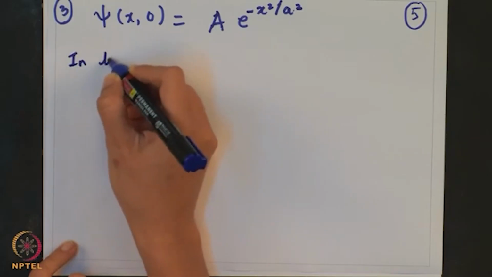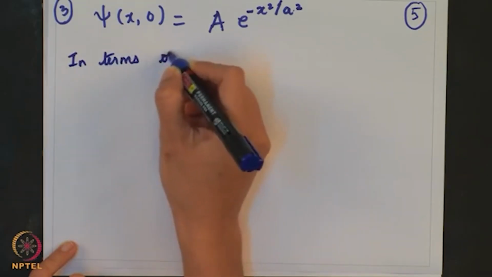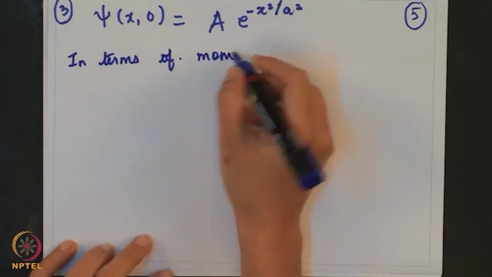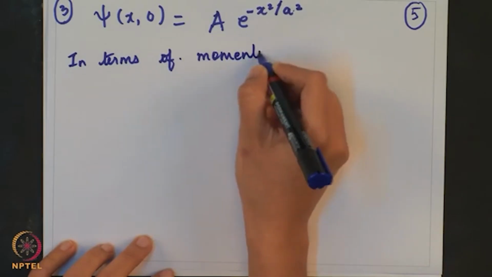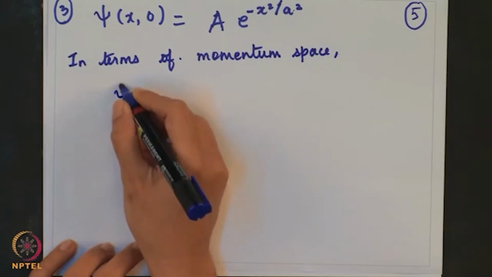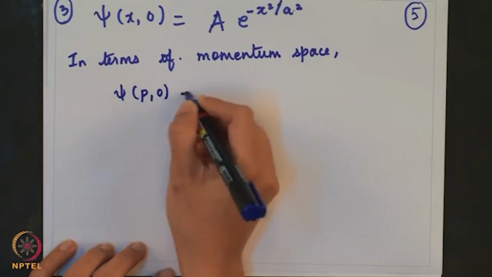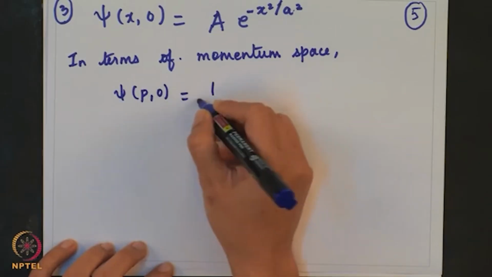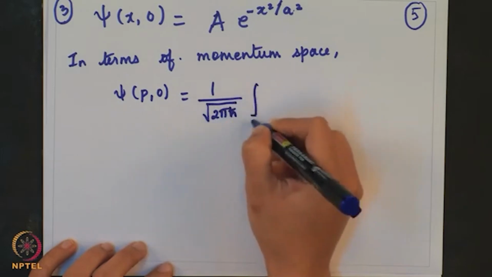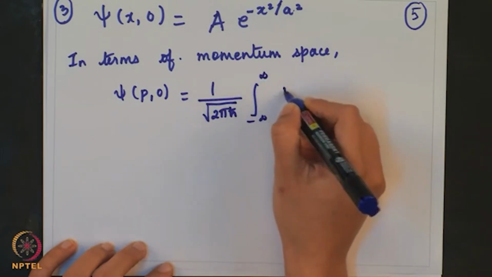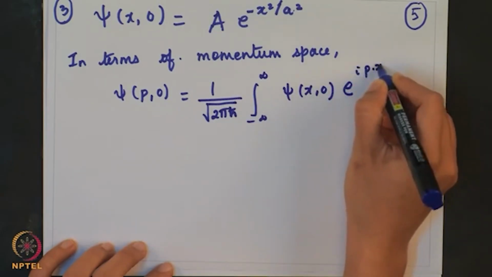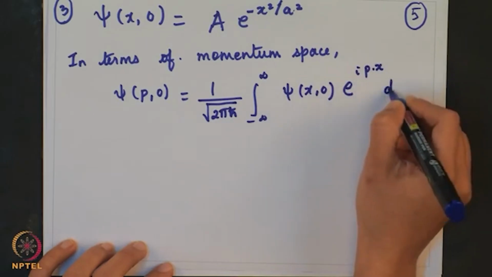In terms of momentum space, the wave function in momentum space, that is psi of p comma 0. How will you obtain this? We obtain this by taking the Fourier transform, psi of x comma 0, e raised to i p dot x dx.